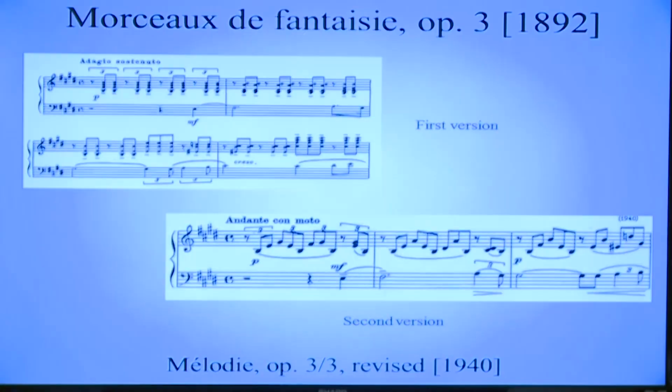But for instance, with the melody, the very first one here, it's easier to control the second one, I think, the revised version, and it has a sort of smoother feel to it than, for lack of a better word, the first one.